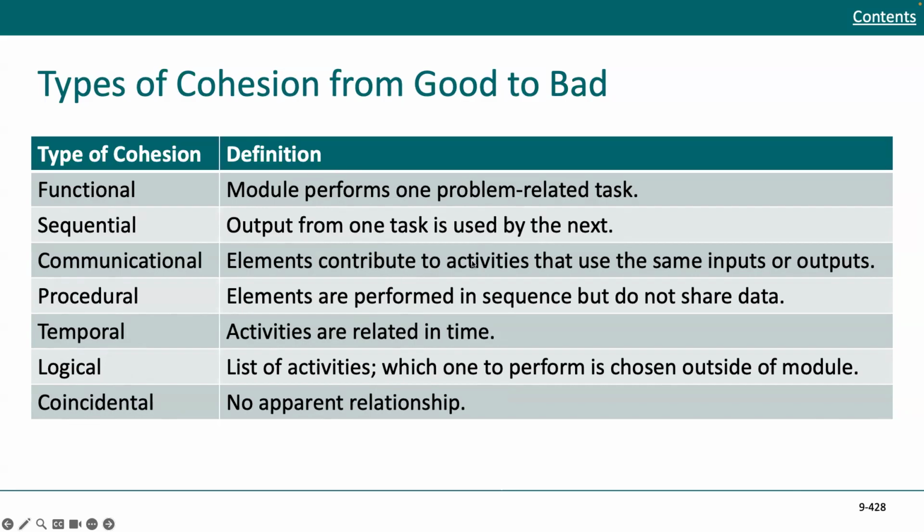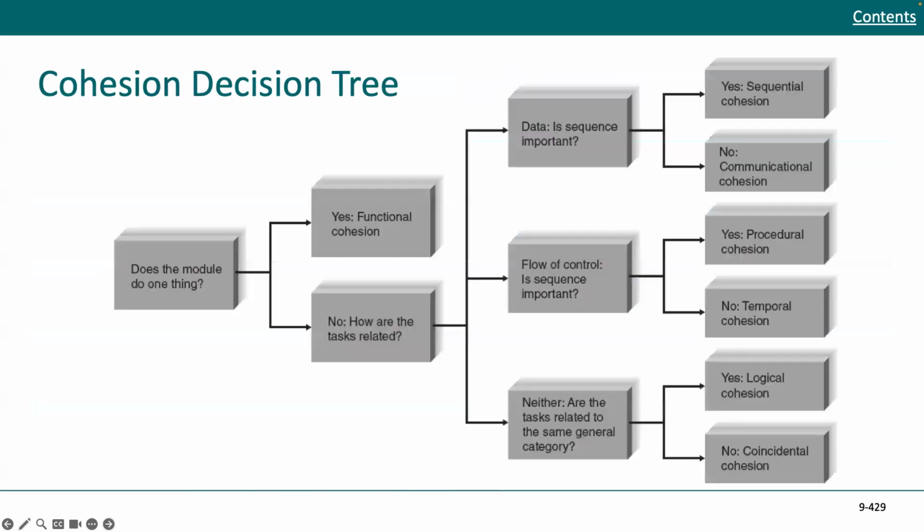Communicational elements contribute to the same activities. Procedural elements are performed in sequence but do not share data. Temporal activities are related in time. Logical, we have a list of activities, and which one to perform is chosen outside of the module. And finally, coincidental, there's no apparent relationship. So you can see this cohesion from high to low.